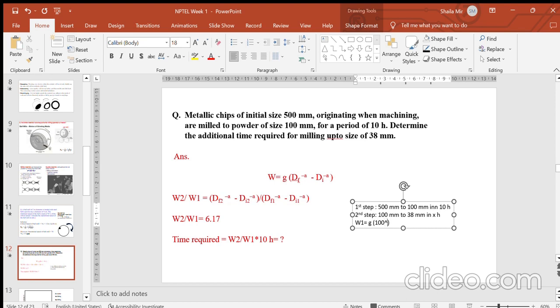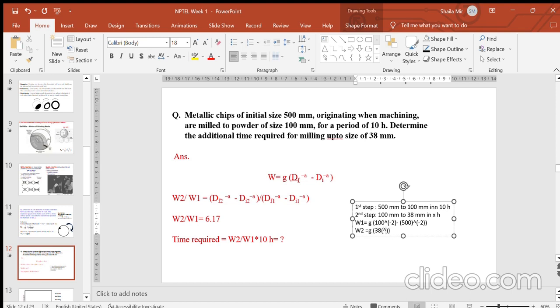So we can say it is G times the final diameter, that is 100, raised to power minus 2, because we are taking the empirical value as 2, then minus the initial diameter, that is 500 raised to power minus 2. Is it clear? So this is the energy required for step 1.